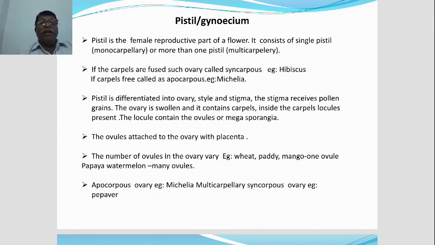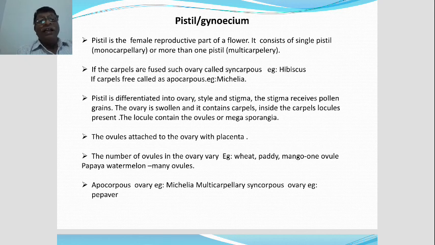Next, the ovary inside contains chambers or the locules. Inside the locules, we come across ovules or the megasporangia. Singular is megasporangium. These ovules attach to the ovary with the help of a tissue called placenta.